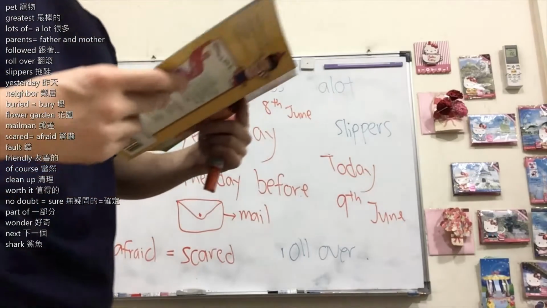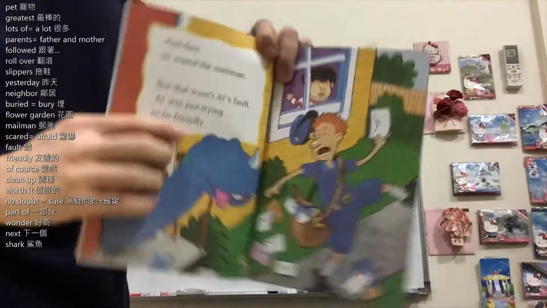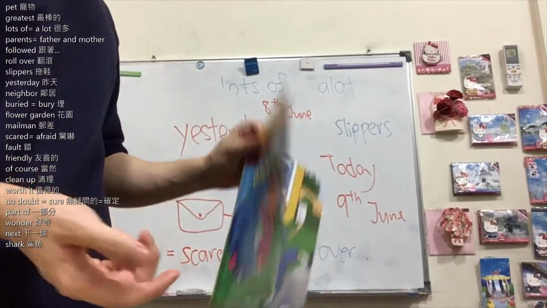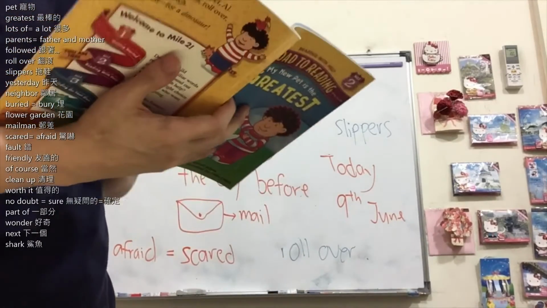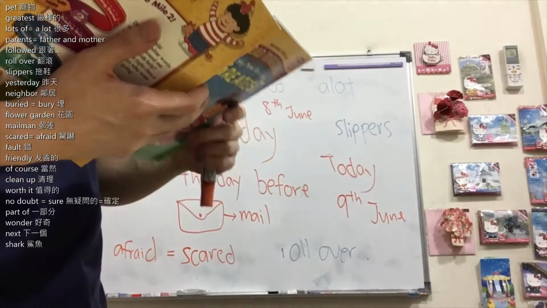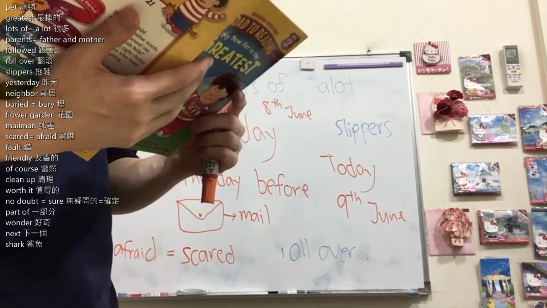Alright, and we also have the word, let me see, any new words here? Okay, friendly, okay? Friendly. If I say I'm friendly, it means I am trying to be your friend, right? I'm trying to be your friend. Okay? Alright, so it isn't always easy taking care of A1.